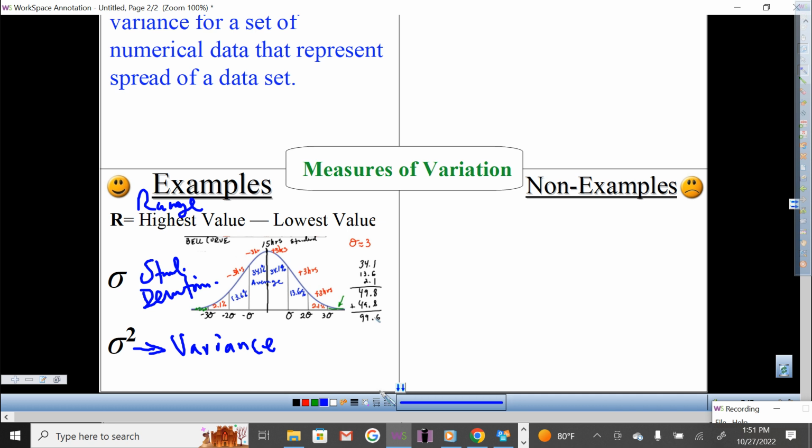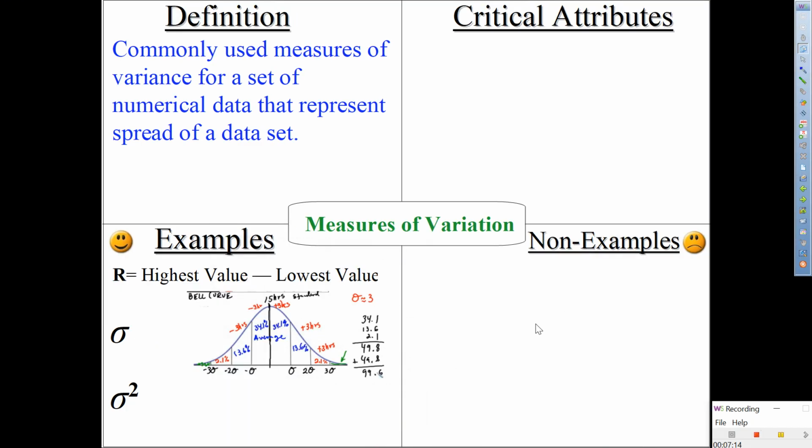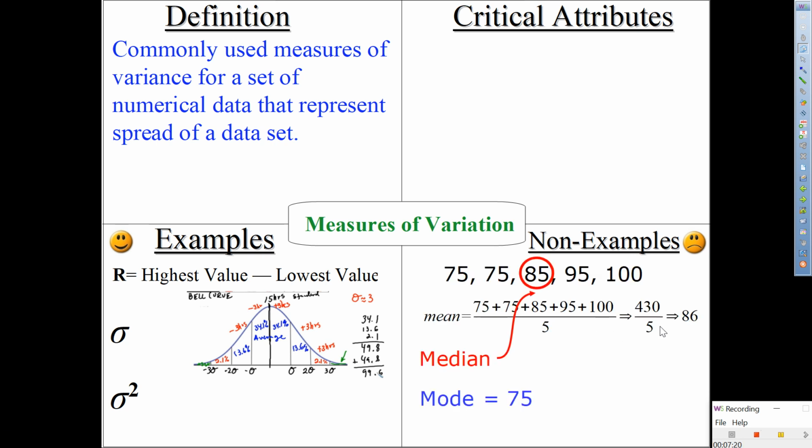And we've been doing all of them, by the way. We've been using all of them. All right? Non-example. What do you think I would use for a non-example? Yeah. Measure central tendency. Mean, median, mode. I mean, we've already covered that and hammered that pretty well, yes? All right?